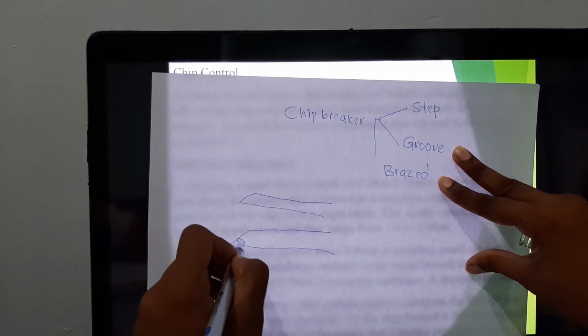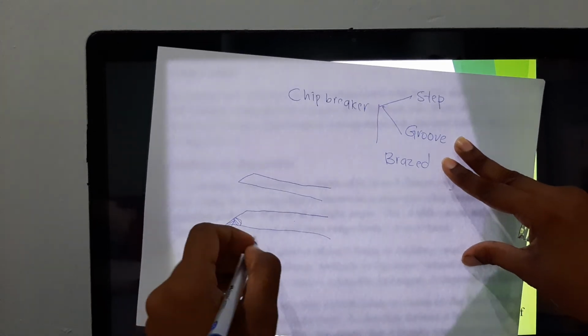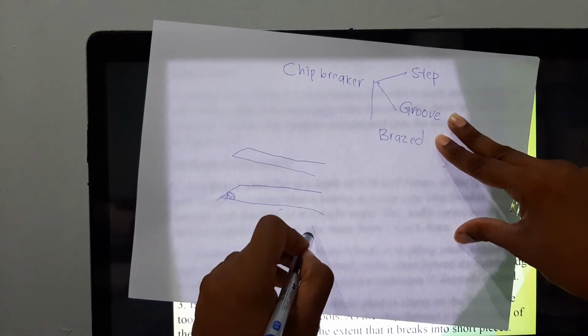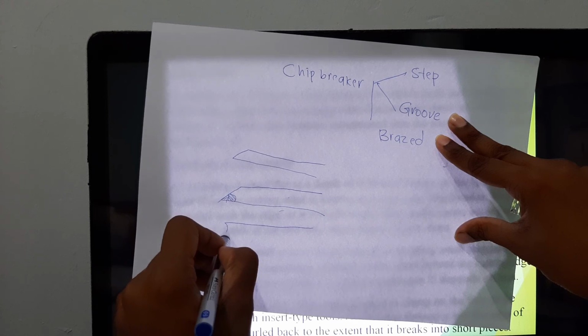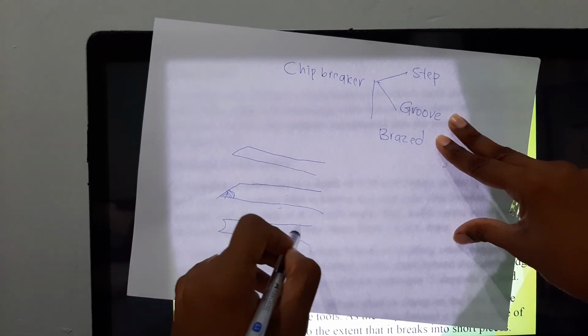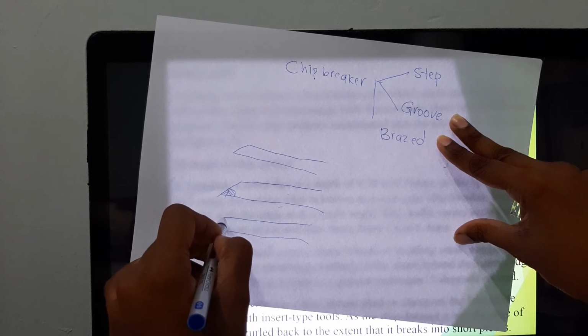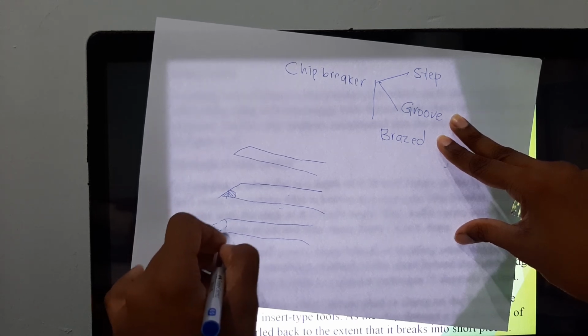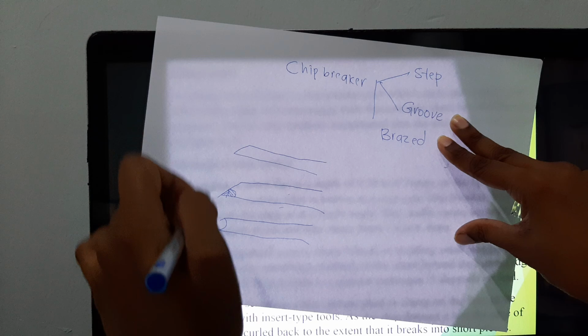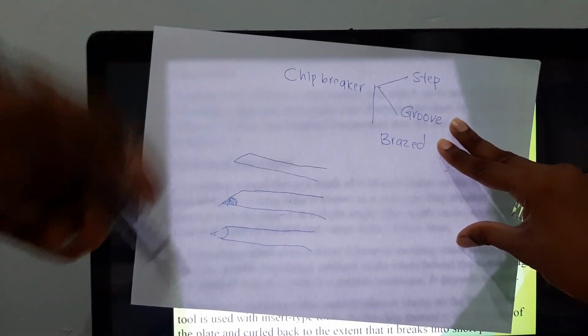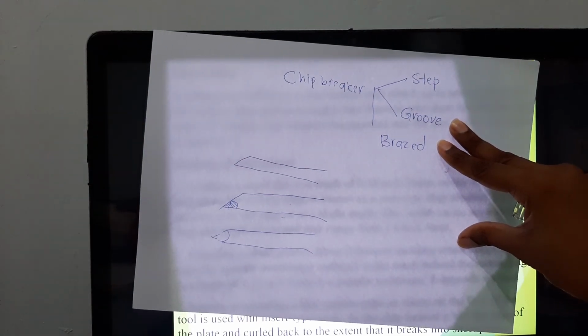You're going to remove this part of the cutting tool. So your cutting tool will look something like this. So when the material flows, and at this point, there is an obstacle, you're missing this point, right? So your chip would be forced to break. So there would not be a continuous flow of chip.